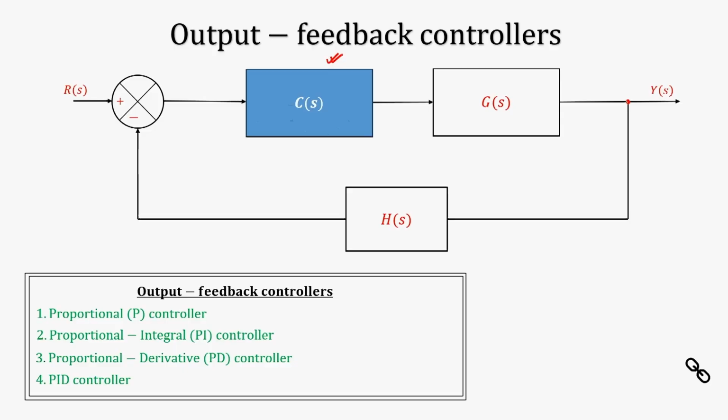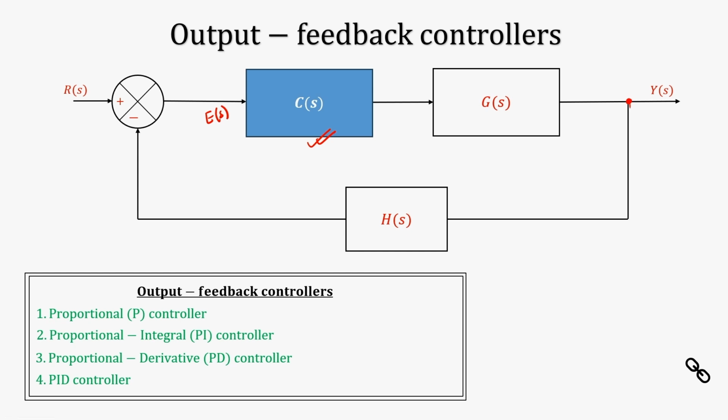Now, you see here the output is fed back into the system. The input to the controller is the error signal from the reference and the output of the feedback transfer function, and hence these types of controllers, since they depend on the output directly, are called output feedback controllers.